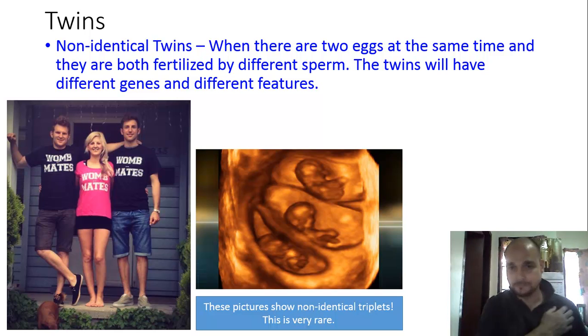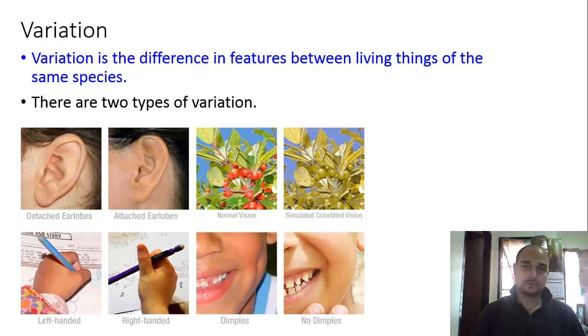And you can see a picture of all 3 of these triplets when they were in the uterus, in the womb, developing. So here's the definition: non-identical twins. When there are two eggs at the same time and they are both fertilized by different sperm. The twins will have different genes and different features.